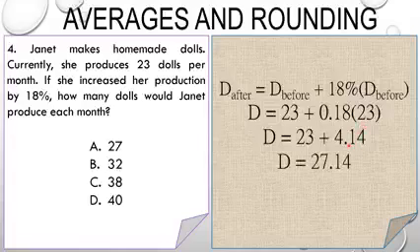And add by 23, the answer is 27.14. Rounding off to the nearest whole number, since doll ito, wala namang hating doll, so whole number yung kailangang final answer. Thus, 27.14 when rounded off to the nearest whole number is 27. So 27 ang kayang magawa ni Janet kung kailangan niya ng pagtaas sa production by 18%.